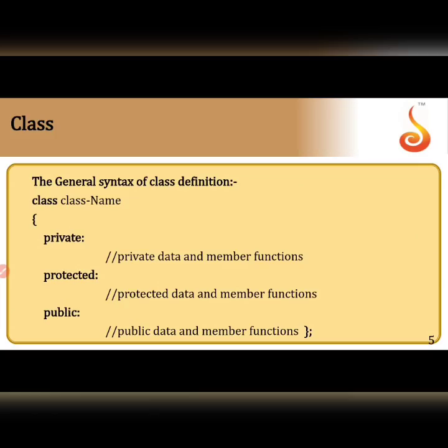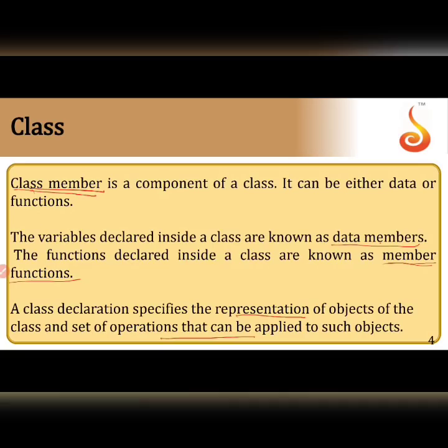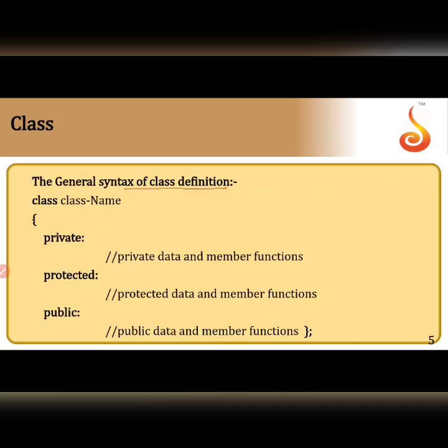Now we'll study the general syntax of a class definition. How does a class look? You should be very thorough with this. Inside a class, I will do private, protected and public in detail.